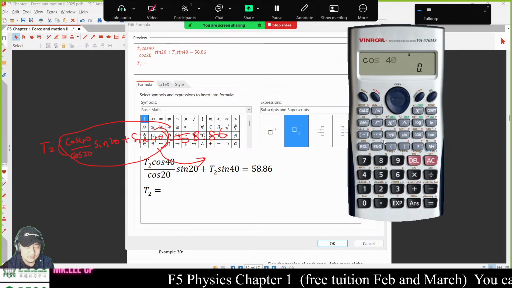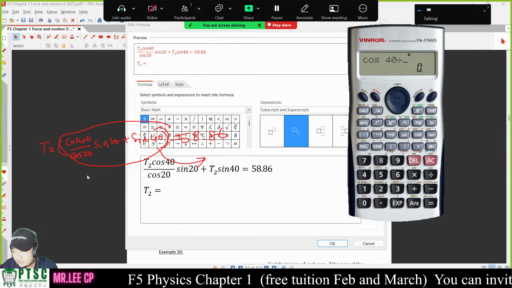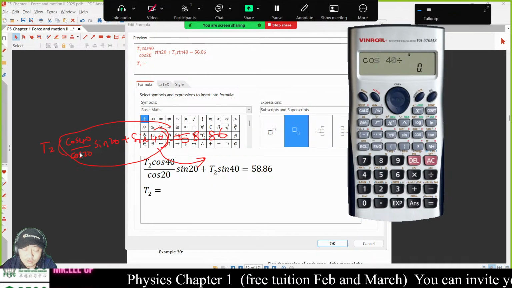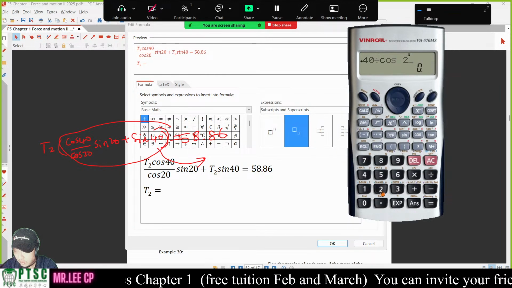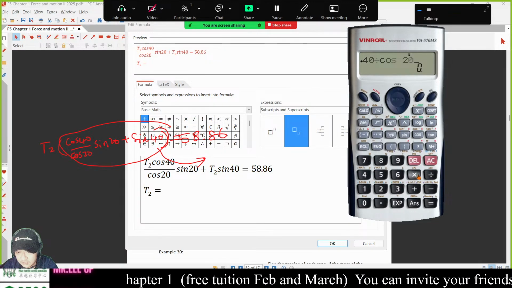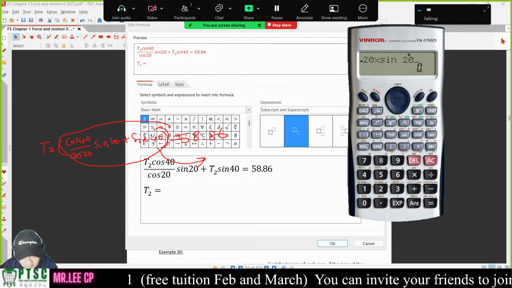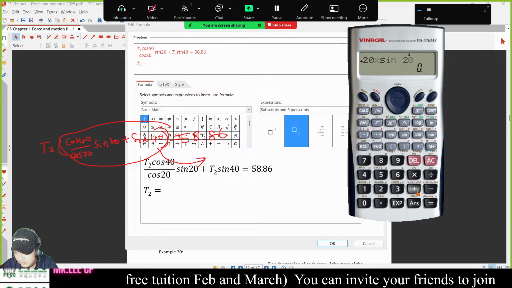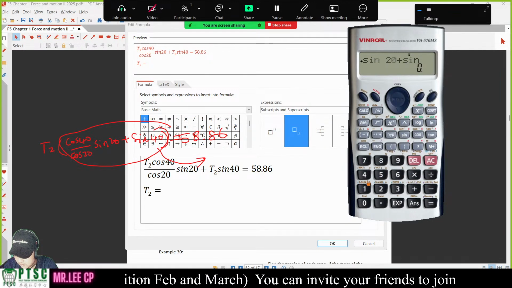So not very good to use, but what to do? So divide. I seldom use over. I don't like to use over. I use divide. Right? Cos 20 times sine 20 and then plus sine 40. Sine 40.